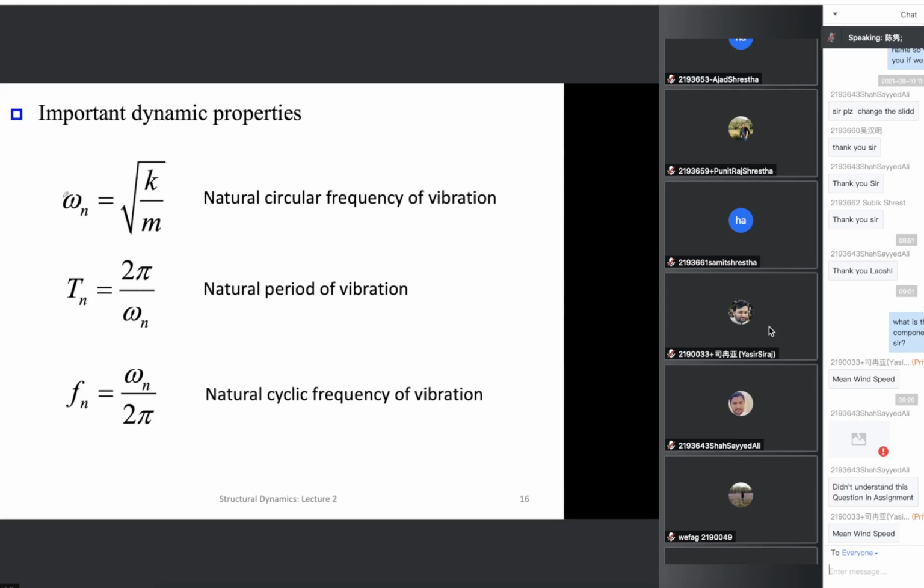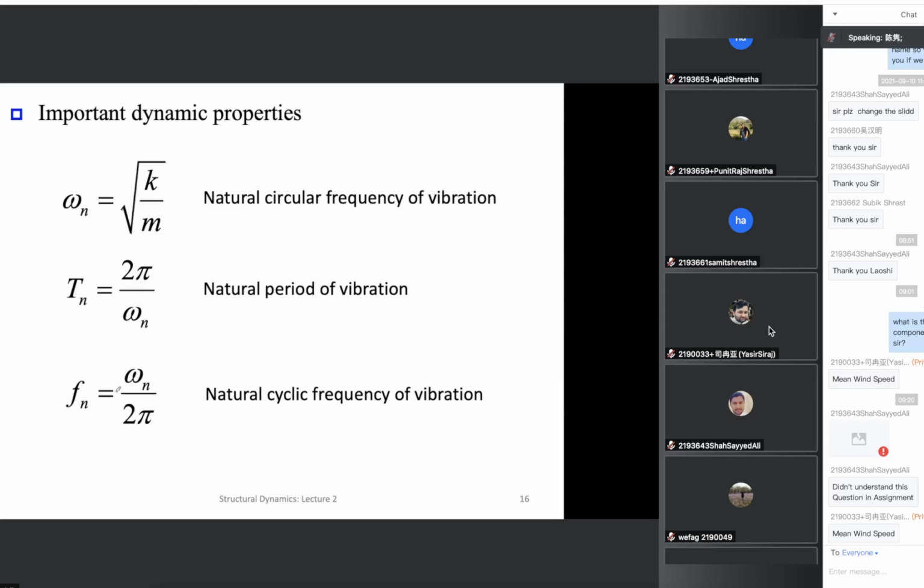So we introduce this omega n, the natural circular frequency of vibration. The definition is the square root of K over M. And T is the natural period of vibration.